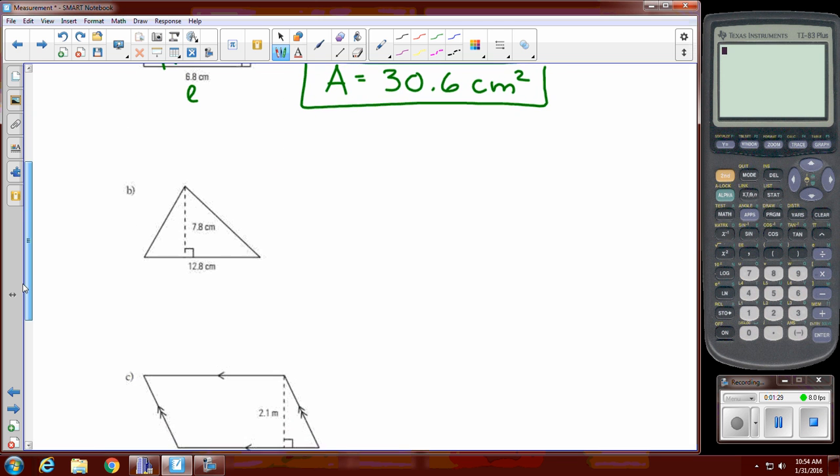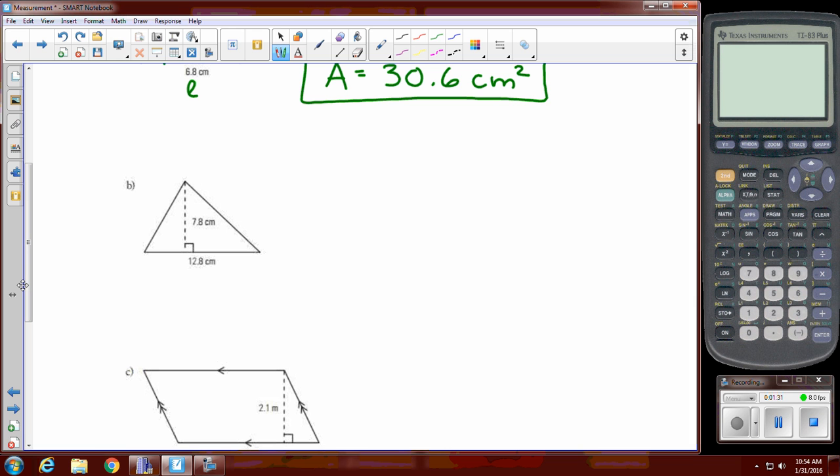Now we're going to look at the next shape. The next shape is a triangle, and the area of a triangle is the base times its height divided by 2. Now, two things that you need to know. If you're looking at a triangle, the base and the height need to make a 90-degree angle with one another. So these two measurements in this triangle are our base and our height, the 12.8 and the 7.8.